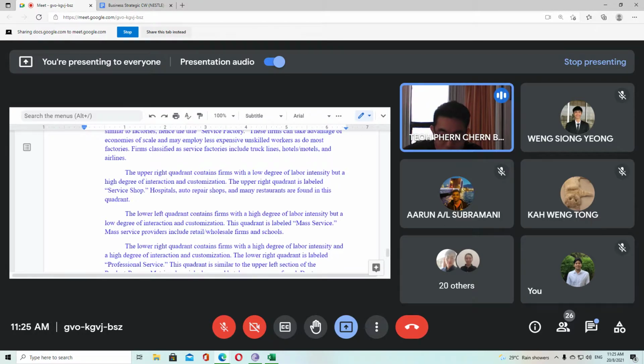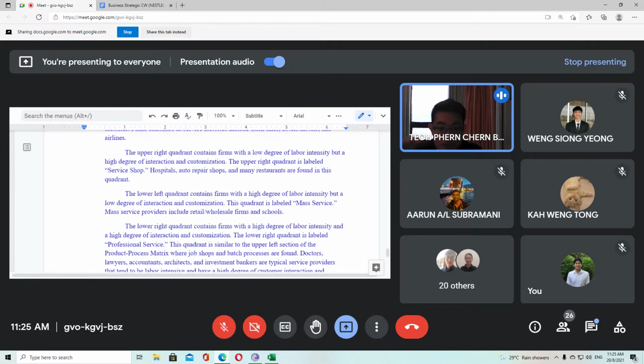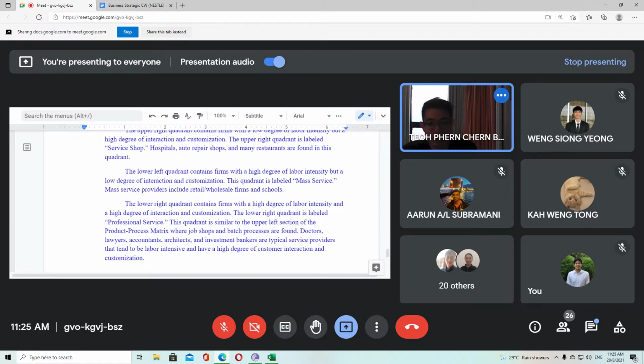Okay, last one. The labor intensity for professional service is high and customer interaction is also high, right? Again, you mentioned doctors. Just now we also mentioned doctors, hospitals and doctors. So you need to be very clear what type of doctor, what type of lawyer. For example, in an operation room, many doctors, surgeons, housemen, and then nurses, a lot of people treat one patient.